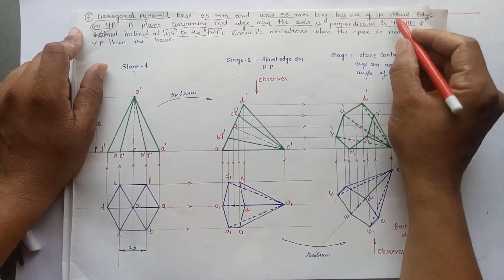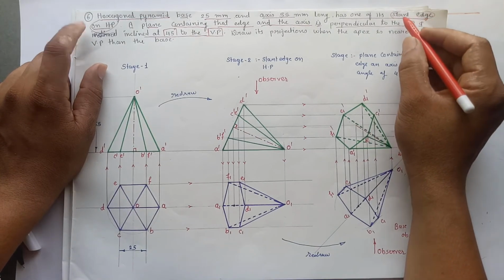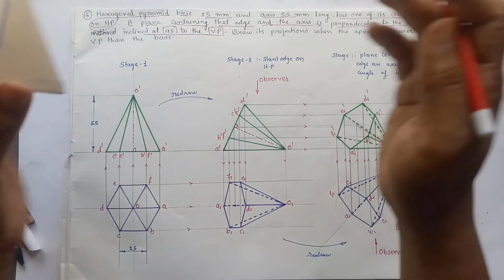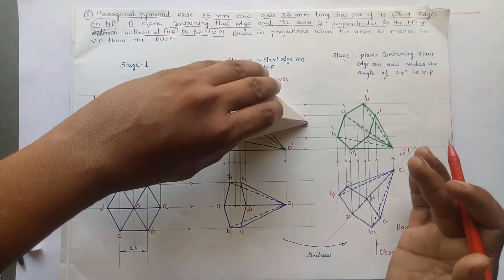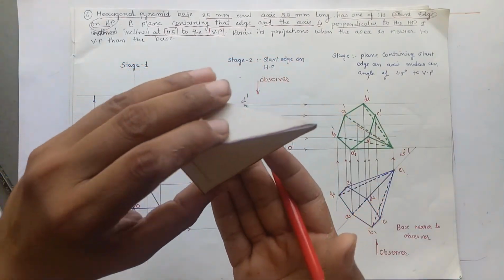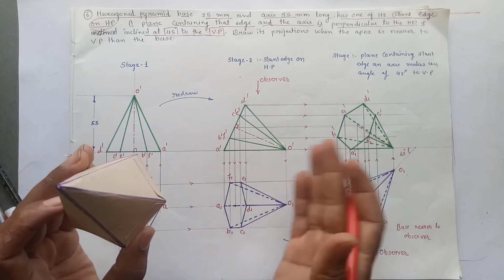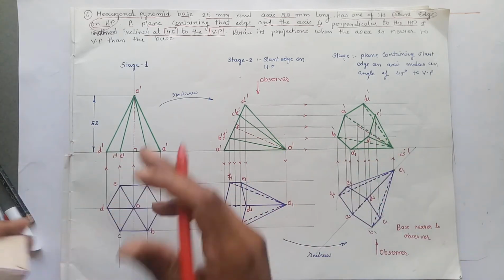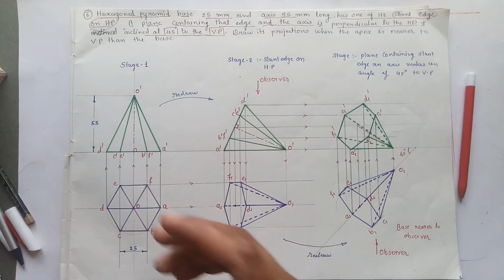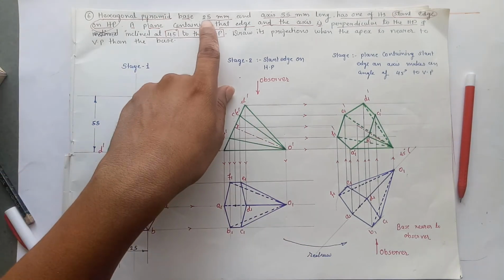So here the condition of the slant edge is given, and we have to take the slant edge on HP, but for that we have to draw the first edge showing the corner on the right hand side. Now it is the hexagonal pyramid, so in the plan we have to draw the hexagon of 25 mm side.